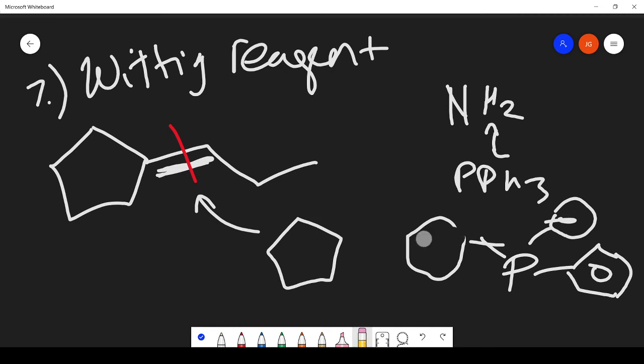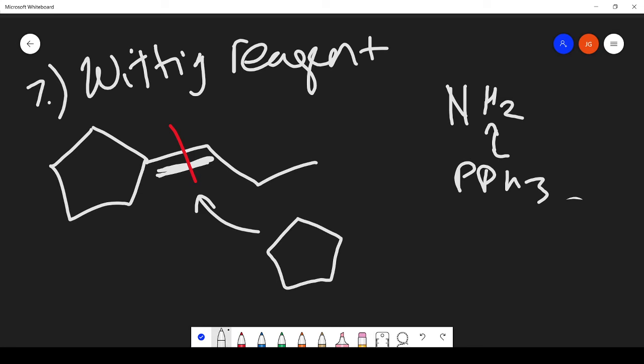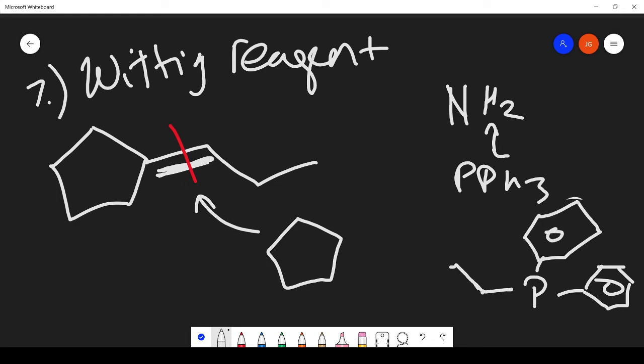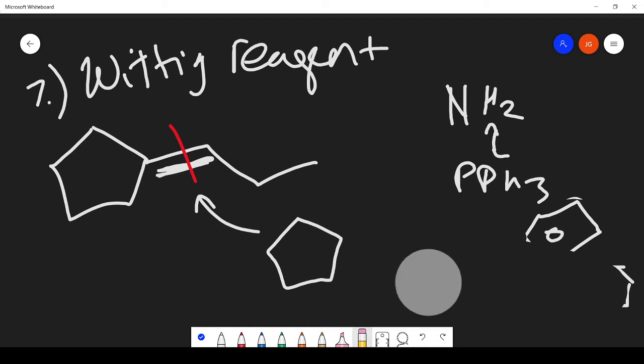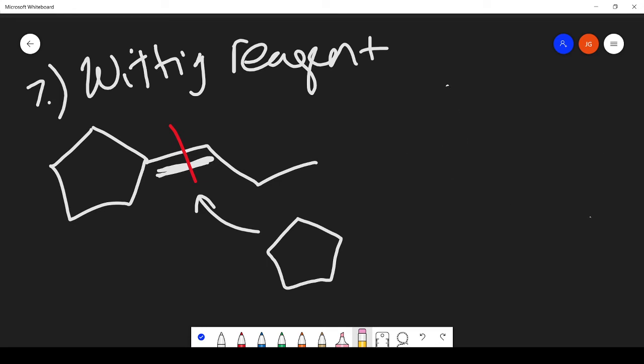Oh my gosh. Maybe I should draw this better. Phosphorus with 3 phenyls. Okay. So that's what that is. PPh3. I'm not going to draw the whole thing every single time we need it.